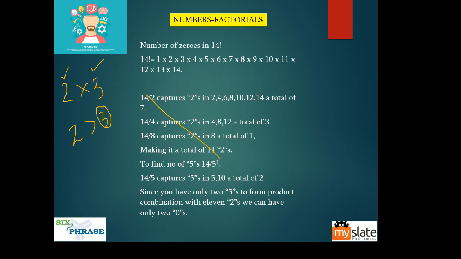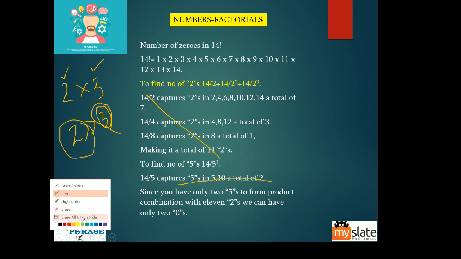We just needed 5's, right? Because the number of 3's determines the number of 6's. It doesn't matter if you have 100 2's. If you have only 10 3's, you can form only 10 pairs. So the number of 3's determines the number of 6's.